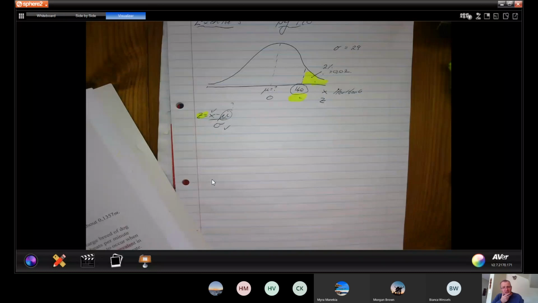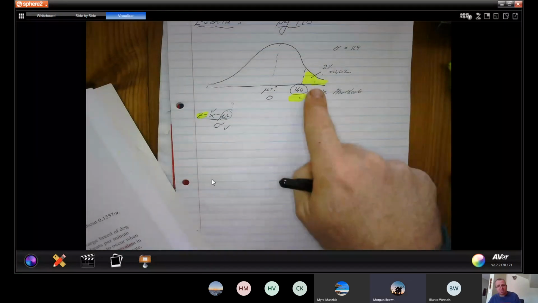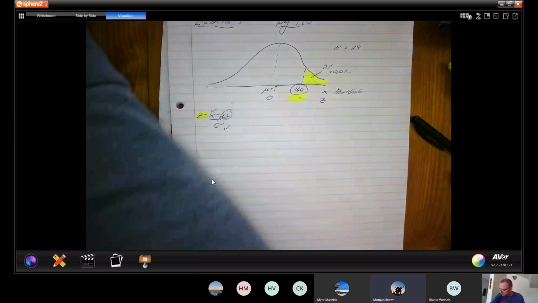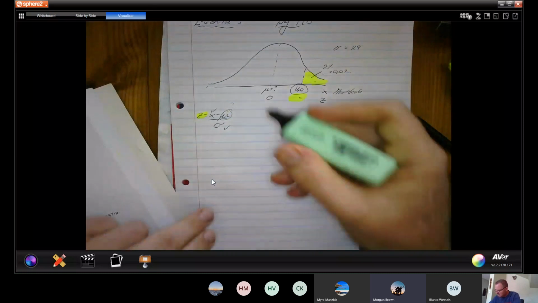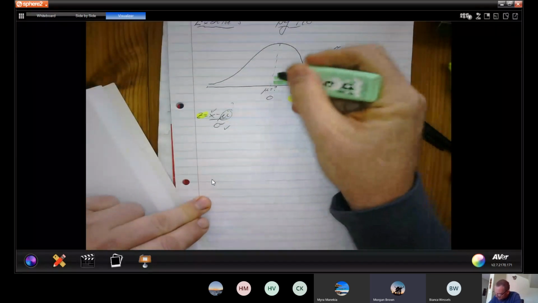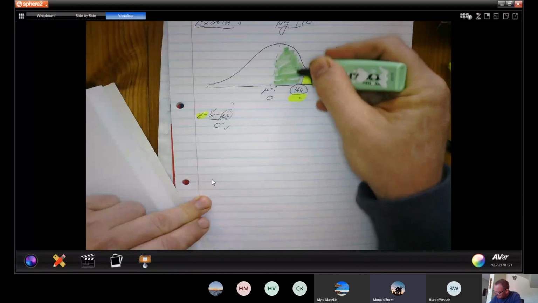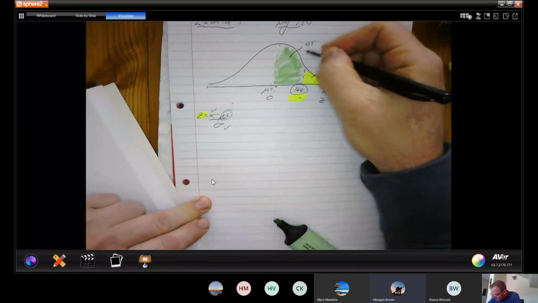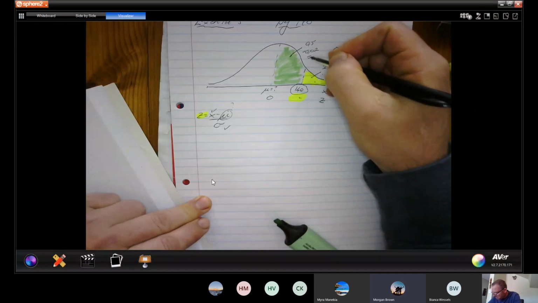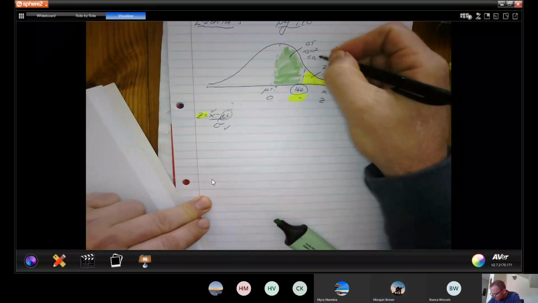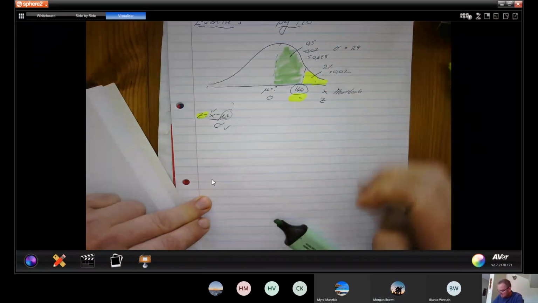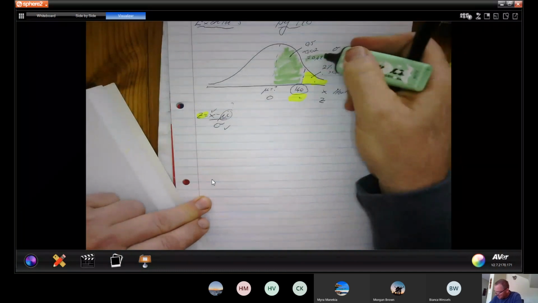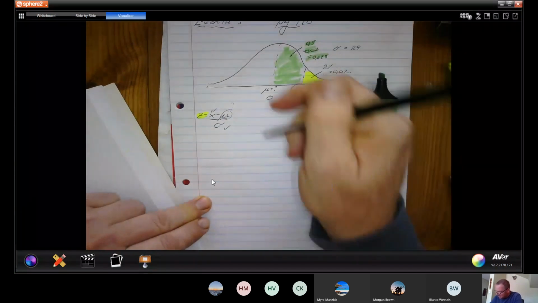Morgan, on the table, am I going to look up 0.02? No, you're going to look up 0.5 minus 0.02. Well done, Morgan. So that is 0.5 minus 0.02, which is 0.498. And that is an area.